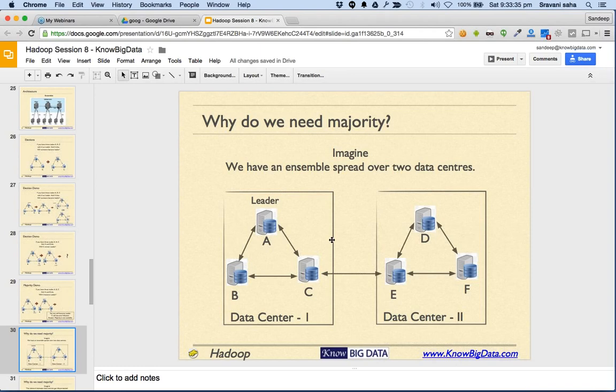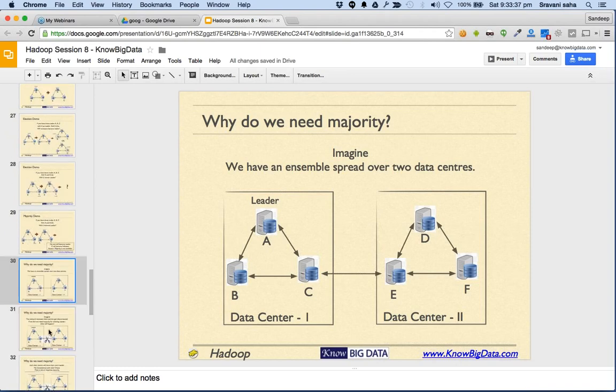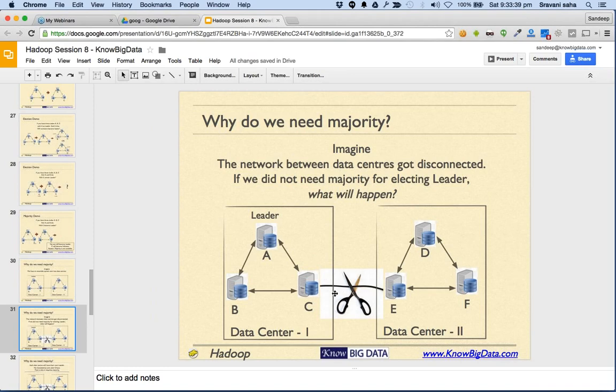Now imagine the connection between the two data centers is cut, as in there is a network down between them. What will happen if the majority rule is not followed? If we did not require a majority, what would happen?